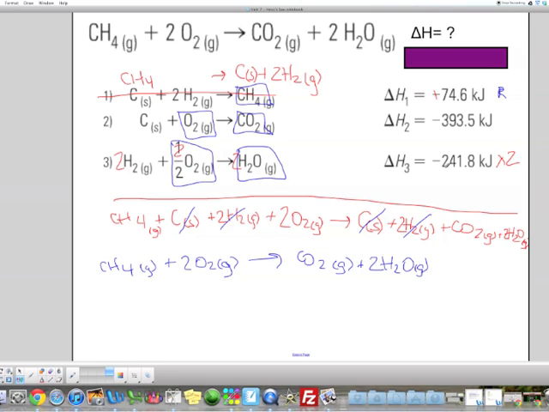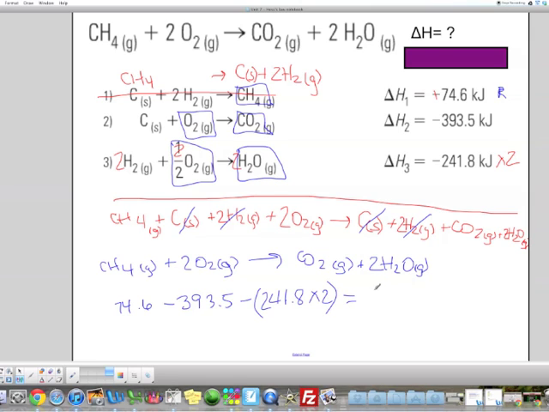So this is negative, right? So I say plus this value times 2, but really it becomes a negative. So if I rewrite it, I'm going to have 74.6 minus 393.5 minus 241.8 times 2.